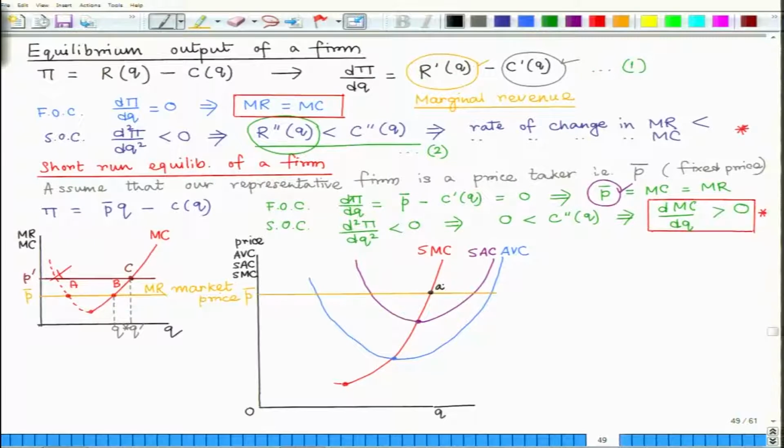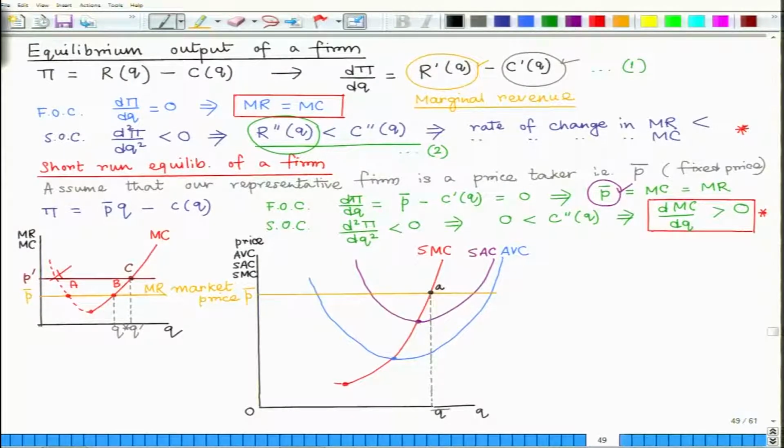So, at this point A the firm's equilibrium is obtained and the firm basically produces output level Q star, no, let me call it Q bar. Okay. So, the firm produces Q bar level of output as the equilibrium output level given market price P bar.